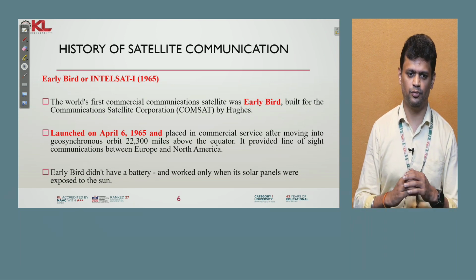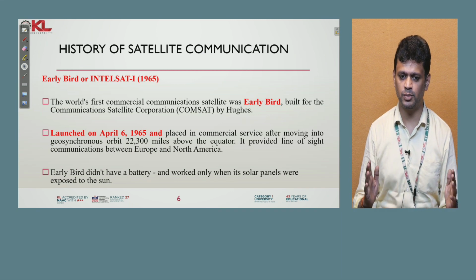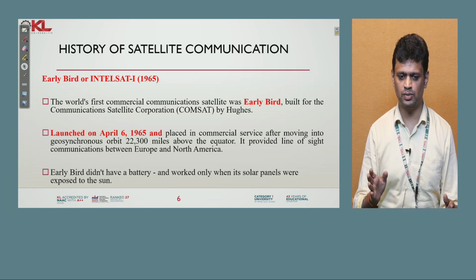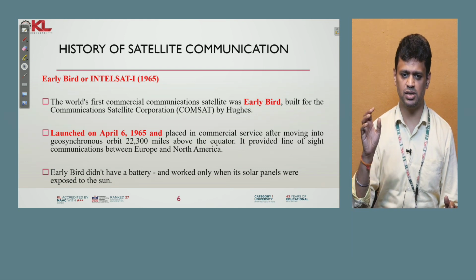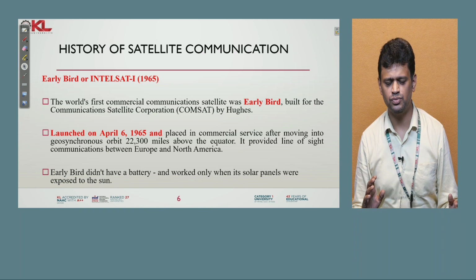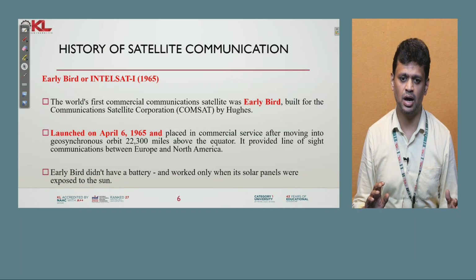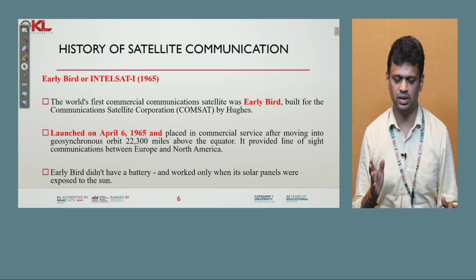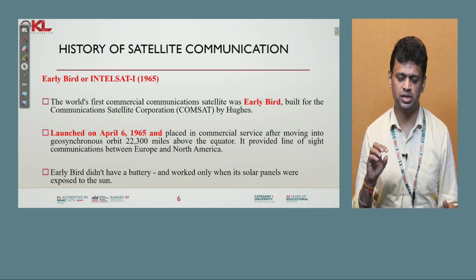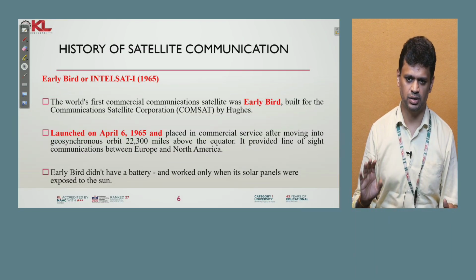We always measure the distance from the equator because Earth is spherical, and the distance may change if you measure the satellite distance from the polar region. So whenever we measure the distance, we measure above the equator. We consider the equator as the surface of the Earth and measure from there. So the distance of the geosynchronous orbit is 35,000 to 36,000 kilometers above the Earth.